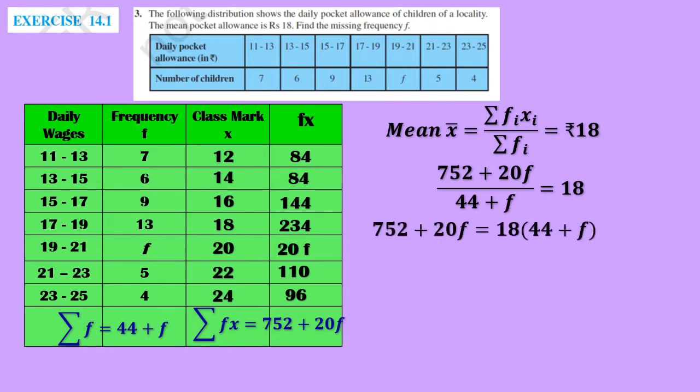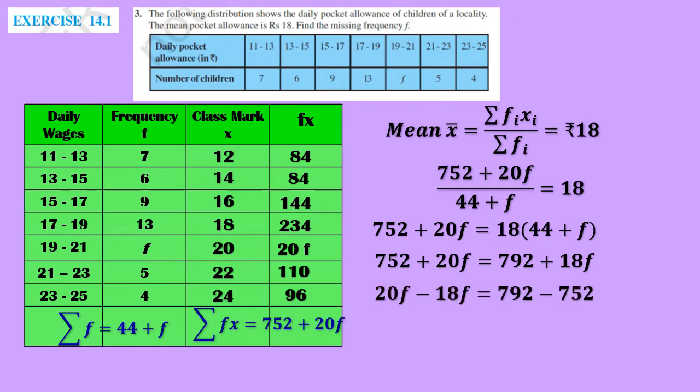So cross multiplying, 752 plus 20f equal to 18 into 44 plus f. Now open the bracket in the RHS. Then bring that 18f to the LHS and send 750 to the RHS. So you'll get the equation like this. 2f equal to 40. So f equal to 20. So the missing frequency is equal to 20.